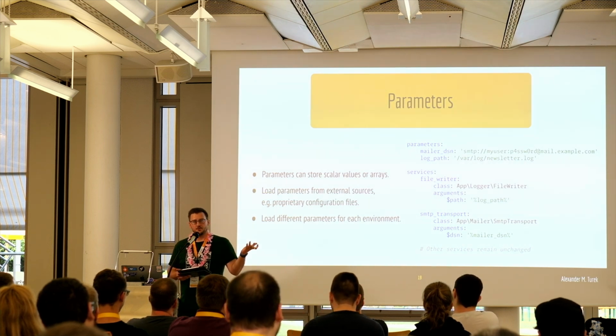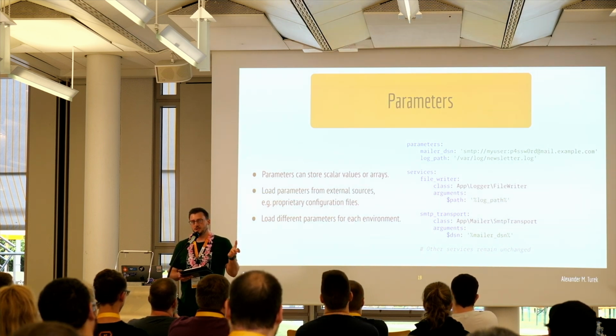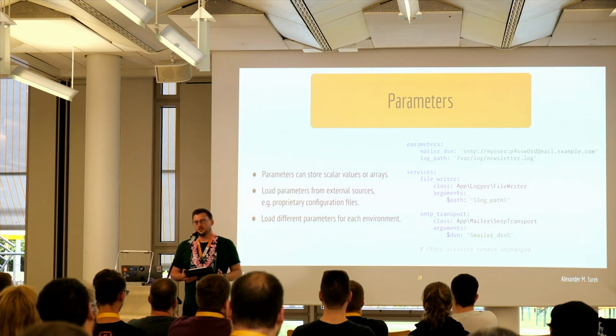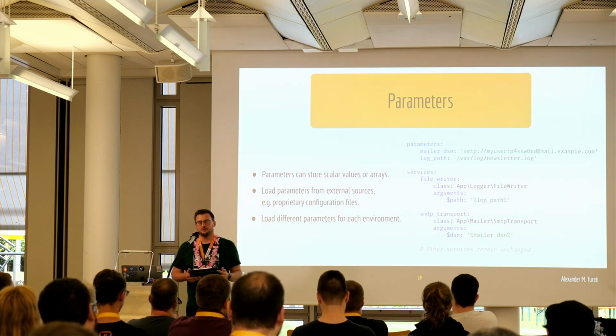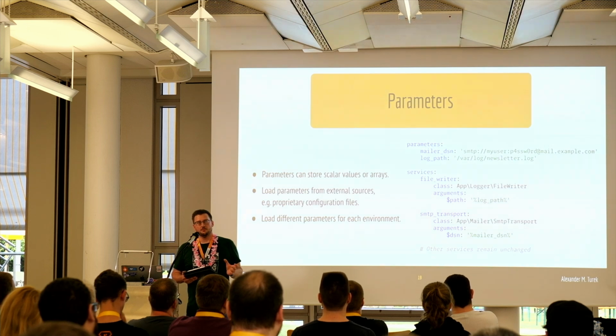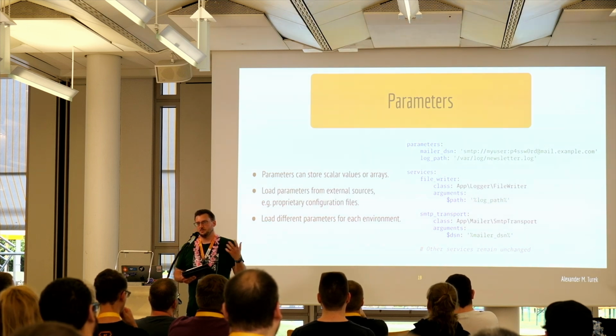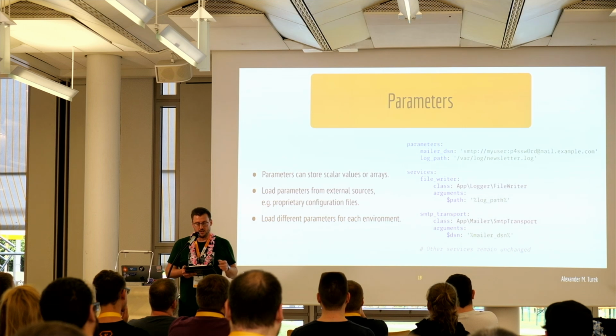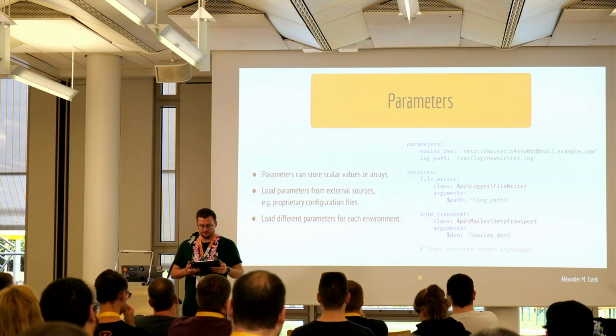So let's say I want a different mail server on my staging system than I want on production. This is where parameters come in handy. Also, maybe I just want to have all the values that I want to keep changeable in one place, so I can extract them to those parameters.